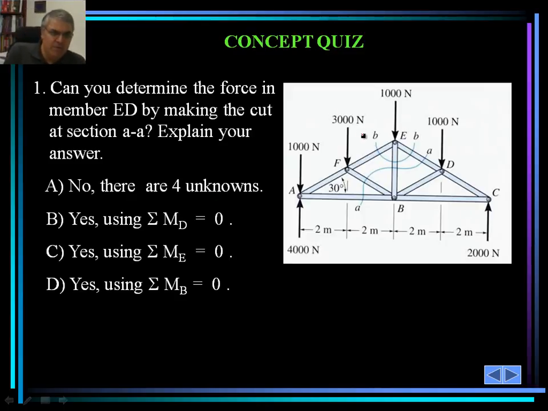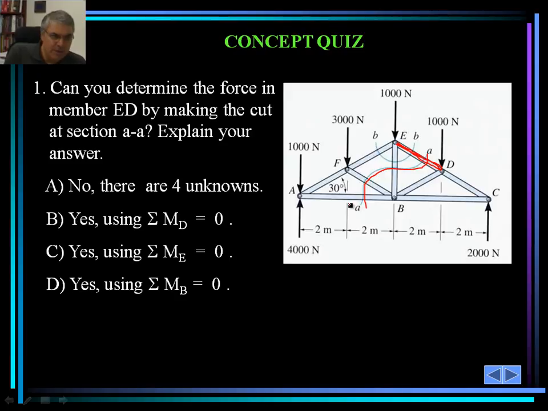So we are looking for member force in member ED. And let's see if we can locate that member first. That is member ED. I just marked that by a red line. Member ED. We made a cut at section AA as shown here. We could also make a straight cut.